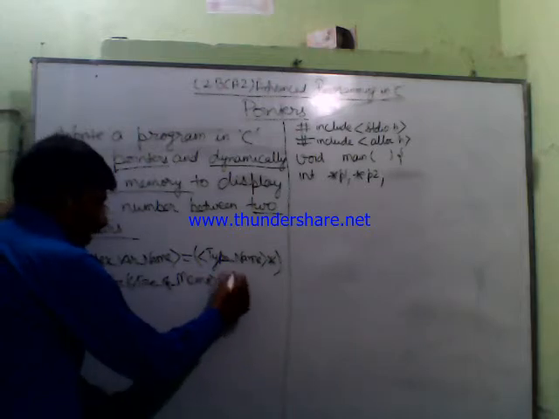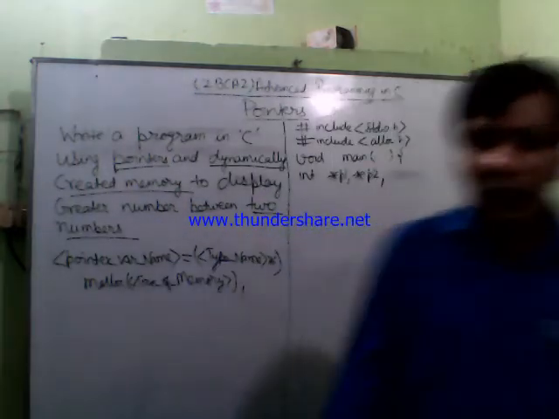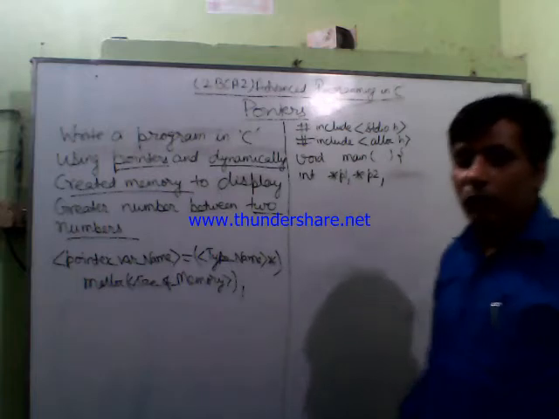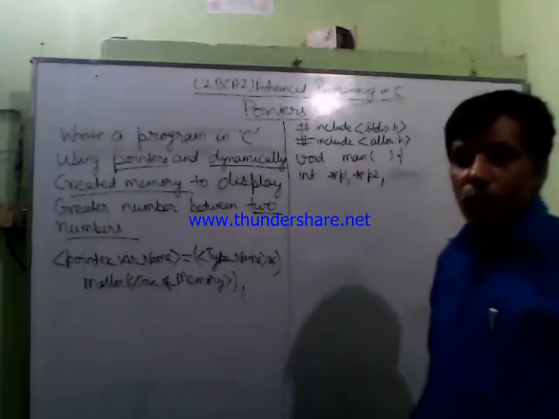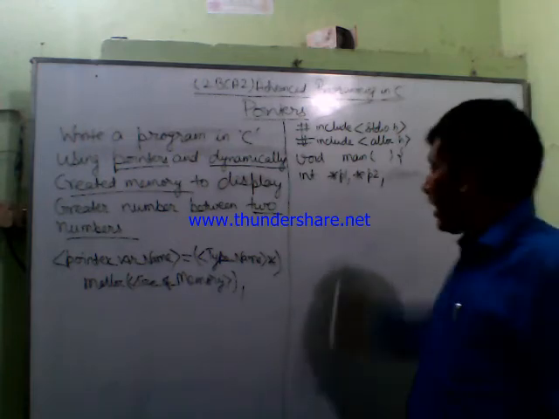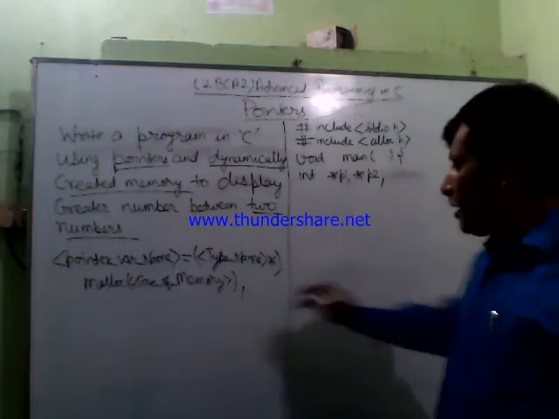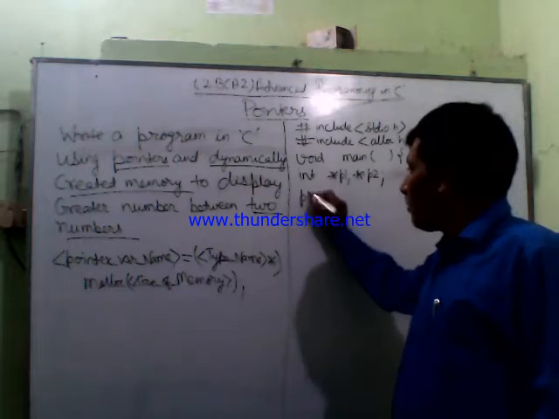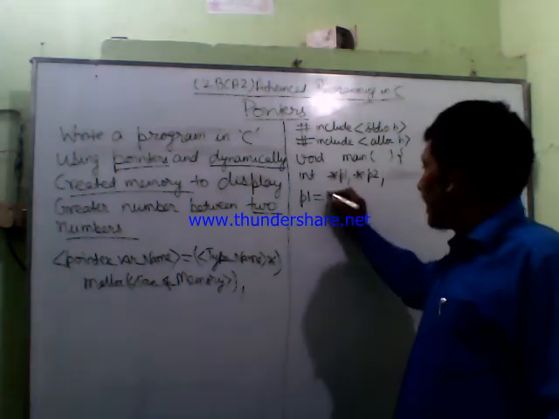This syntax you have to follow to create memory during runtime of the program, and the same syntax I am going to use to store the address of dynamically created memory in my pointer variables P1 and P2. Hence, by using this syntax, I am writing here P1 is equal to type name.